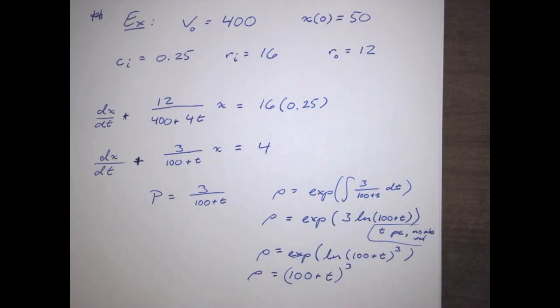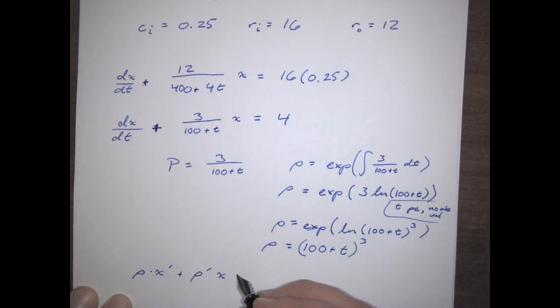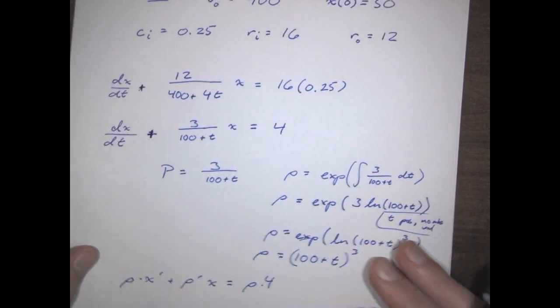Okay, now back then to the actual equation. What we're going to have then is rho times x prime plus rho prime x equals rho times 4. And now we're going to start filtering in the expression for rho wherever we can.